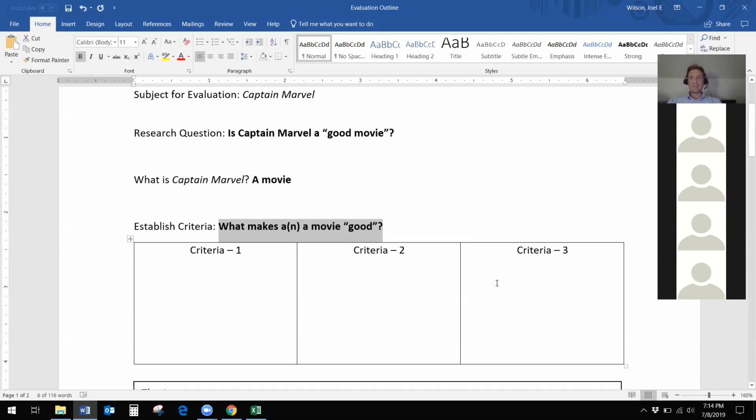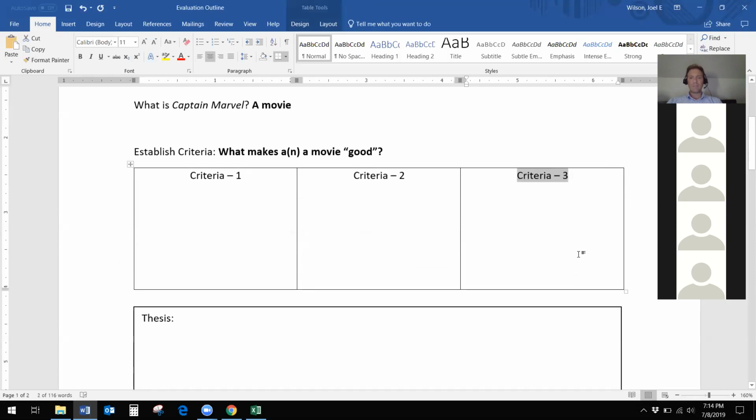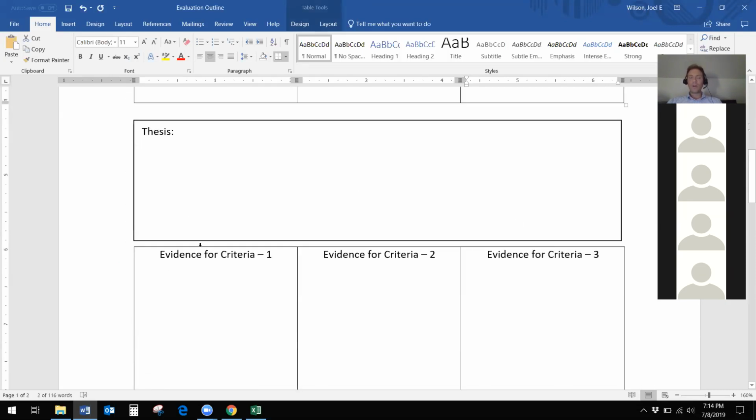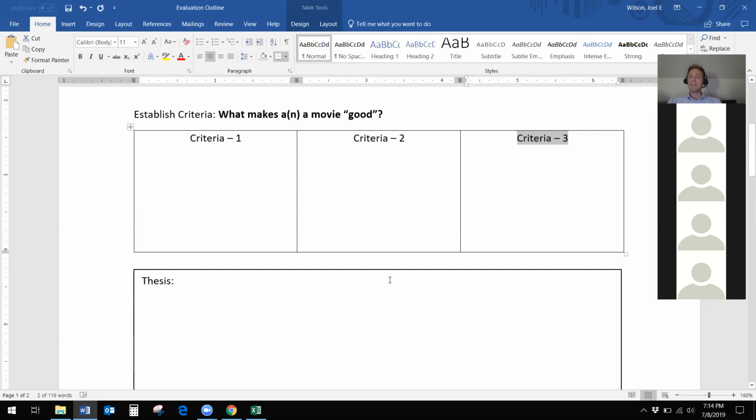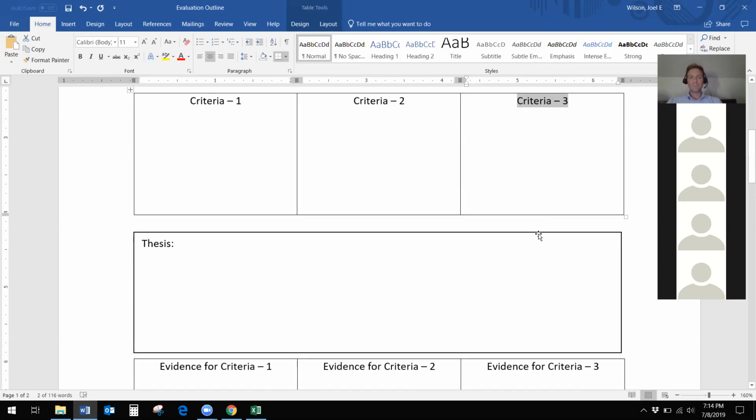Maybe it's got to have action in it. Maybe it has to have romance. Maybe it has to have famous actors or actresses. Whatever your criteria is for determining what a good movie is. Then we look at Captain Marvel and we say, does this meet the criteria for being a good movie?